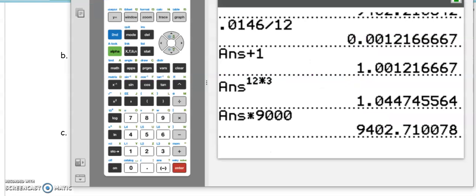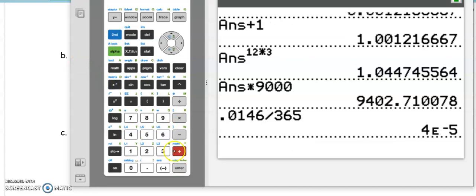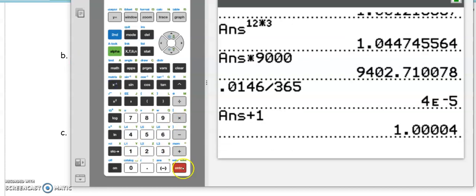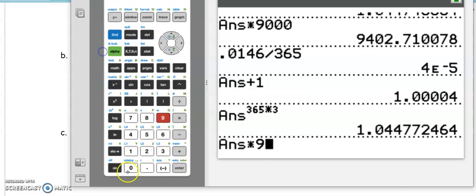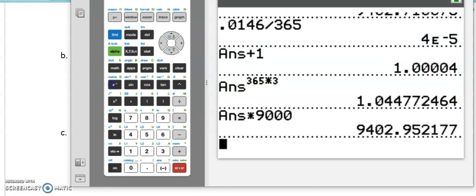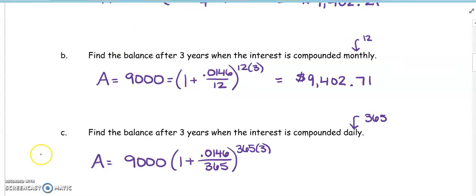So again, from the inside on out, that's 0.0146. We'll divide that by 365. We will add 1 to it, and then we will raise that to the 365 times third power, and we'll multiply by 9,000, which will give me $9,402.95. Again, not a huge difference, but a difference either way.